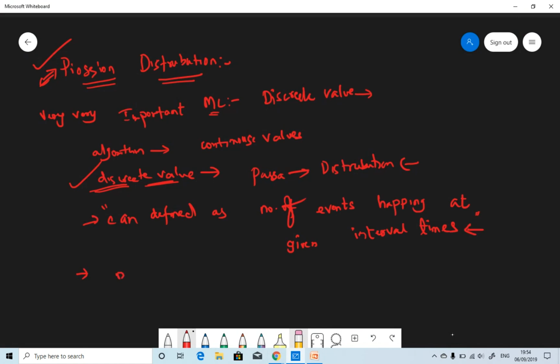Example: the number of walk-ins to a store in a given time interval, the time between 9 a.m. to 10 a.m. Is this clear? Is this making sense of the Poisson distribution or not?